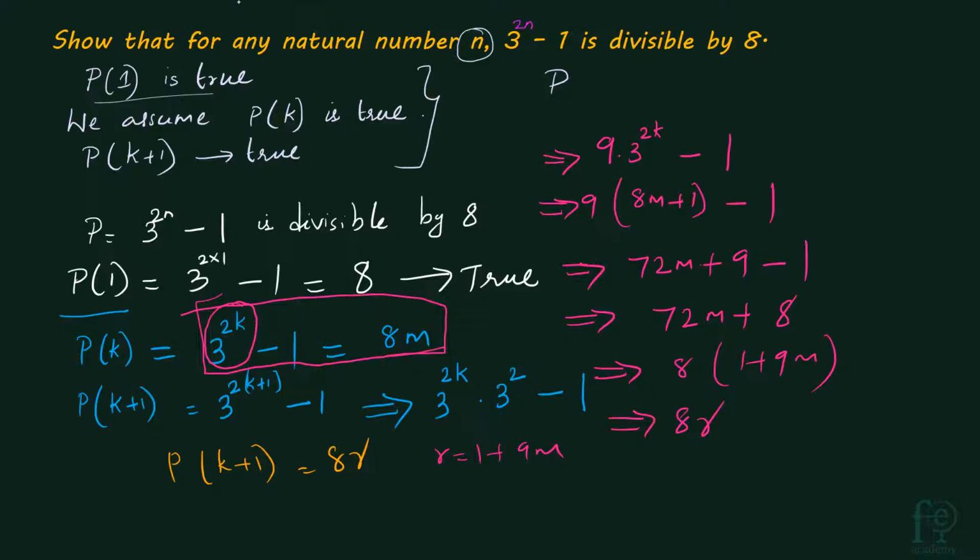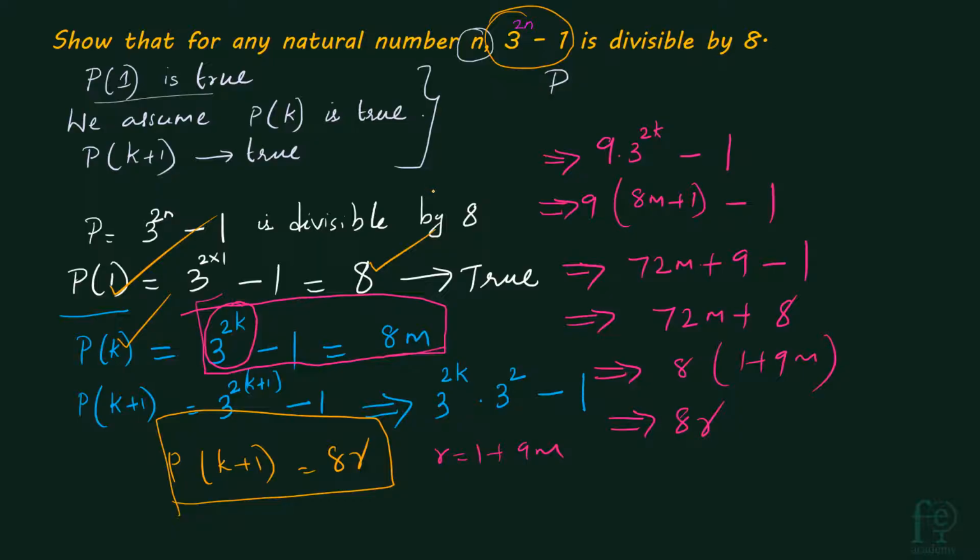So what do you get from here? P of 1 is true, of course P of 1 is equal to 8. We assumed P of k is true, and from that we got P of k plus 1 is also true. So we can conclude that for any natural number n, 3 raised to 2n minus 1 is divisible by 8. So this is how the mathematical induction goes.